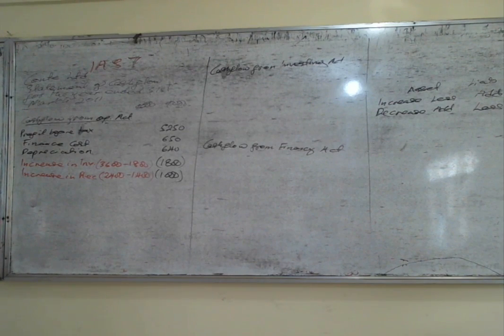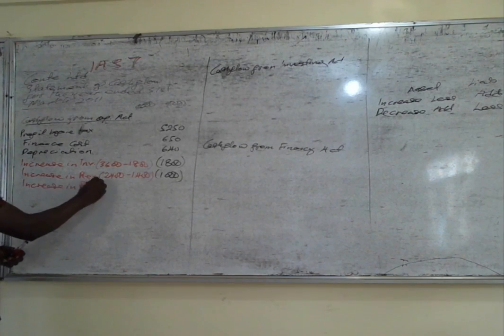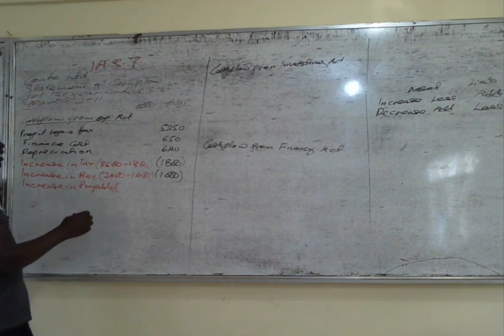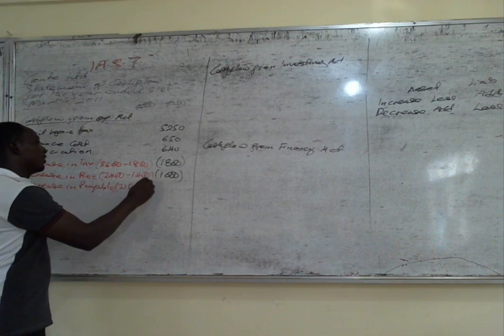Any question? Then the last one, the payables. Is it a decrease or increase? It was how much? 2,150, right? That one is also an increase. So your increase in payables: 2,150 to 2,800, right?